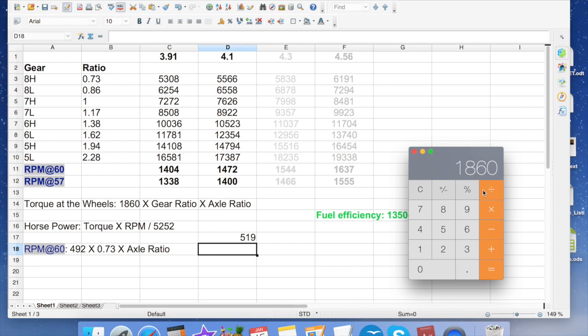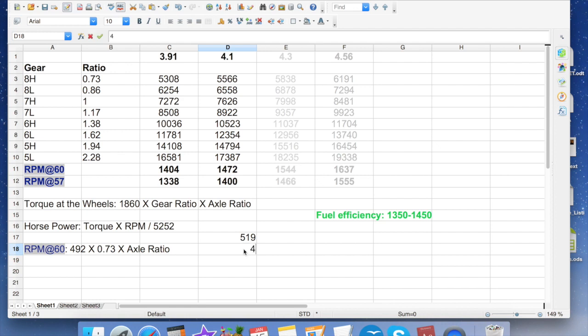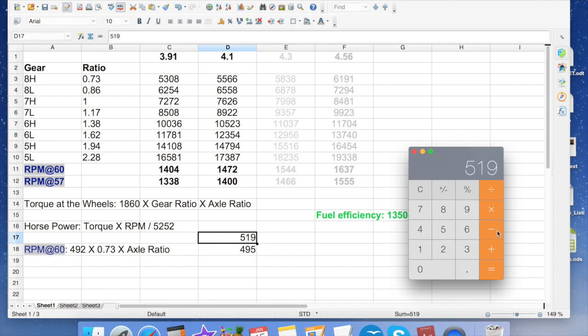But if we look at this one, 1860 times, let's say the same 1400 RPM, divided by 5252, that's 495. Okay. So basically, using 4.10 axle ratio instead of 3.91 is the same as adding 24 horsepower, right? 519 minus 495.